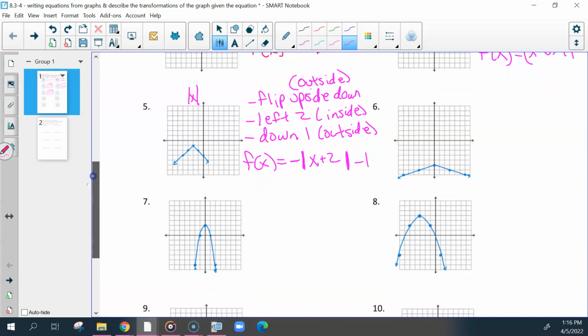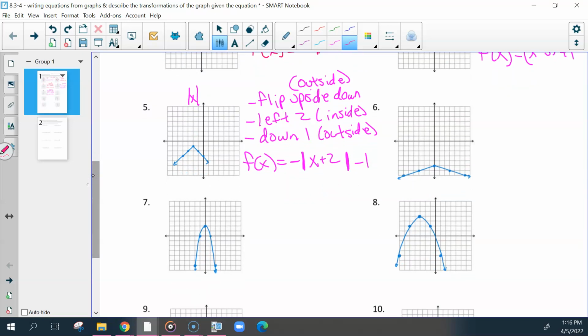Number 6. This is another absolute value. What transformations do you see, or what do you think changed? It did get wider, so it was vertically compressed by something, and we'll figure that out.